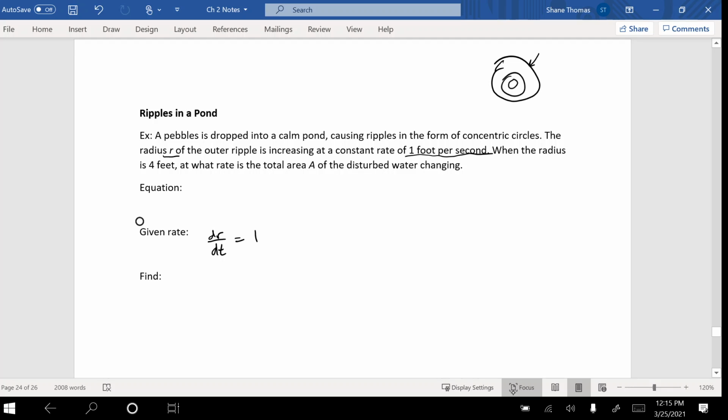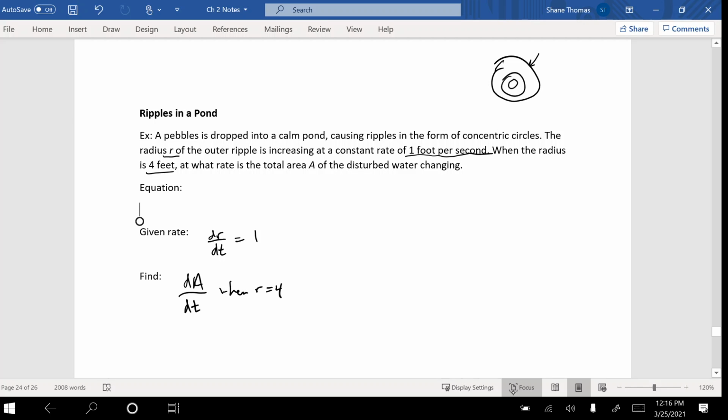Okay. What are we looking for? Well, we want to find it with the area, right? So we'll call that dA/dt, the area with respect to time. And we want to find it at 4 feet. So we want to find dA/dt when r equals 4.